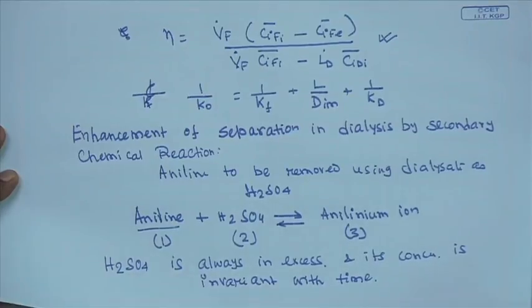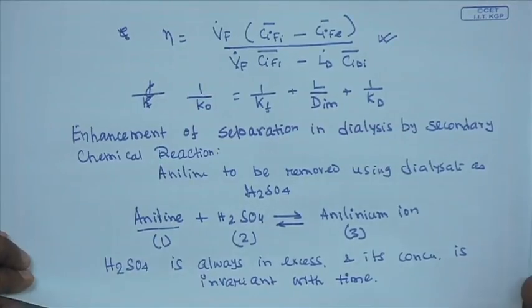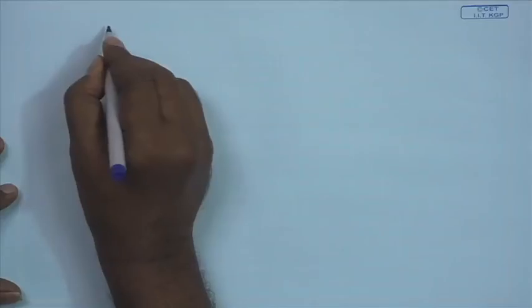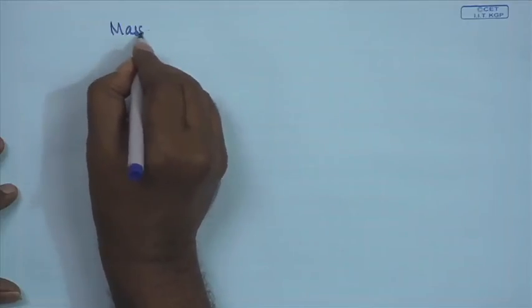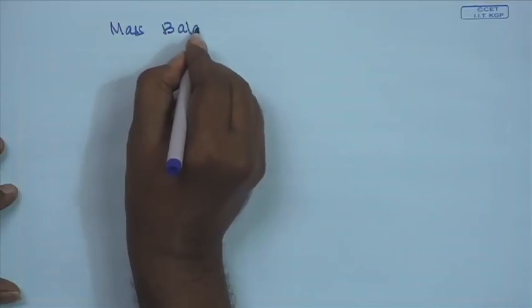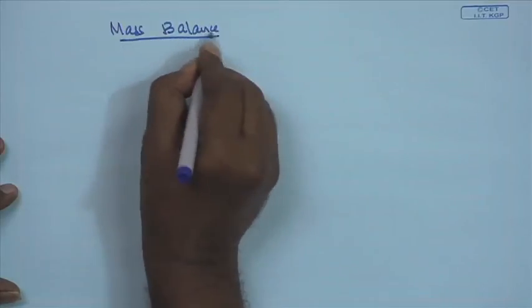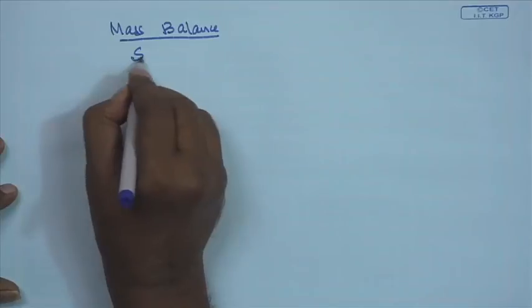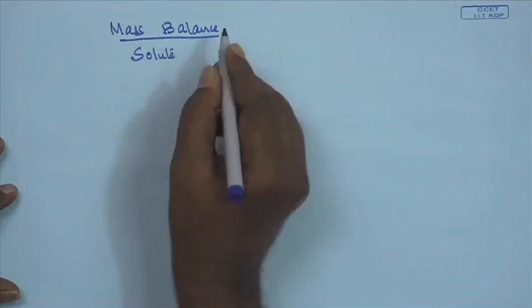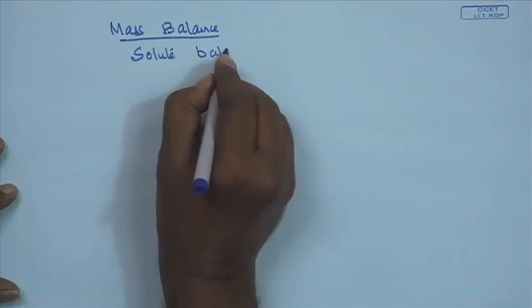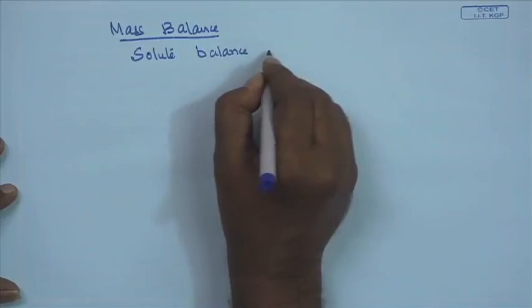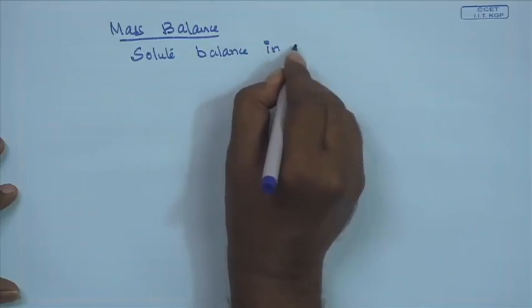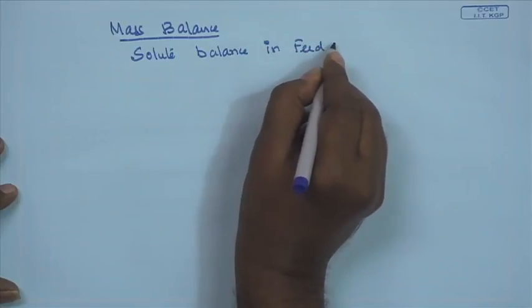Okay. So, let us write down the mass balances. First, the solute balance in the feed, as we have done earlier, for the feed chamber and the dialysis side.